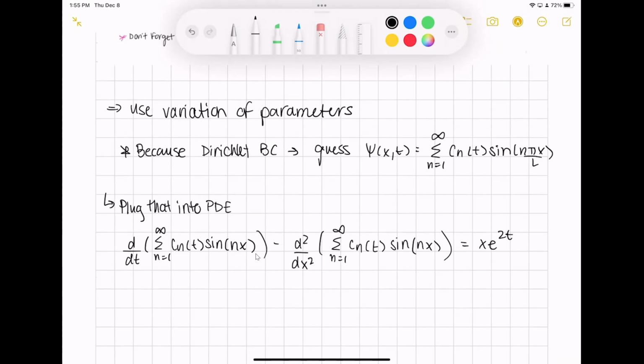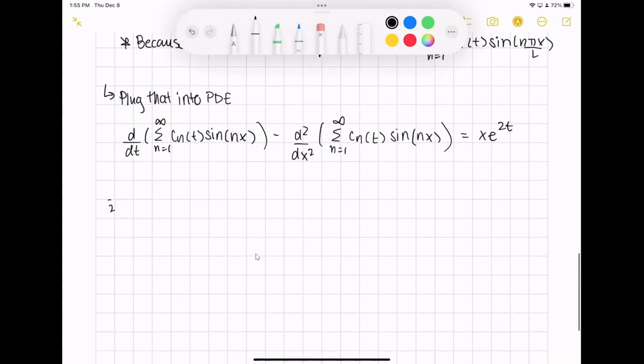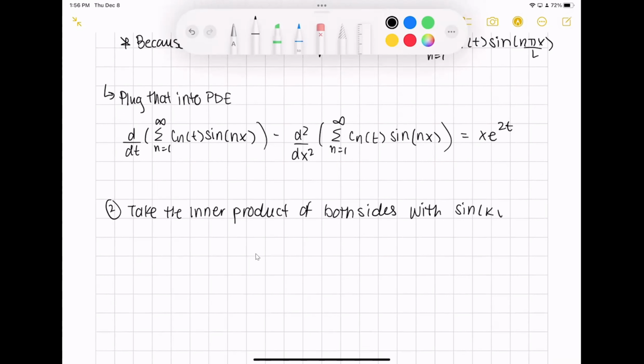Okay. So now the next step we want to do is we want to take the inner product of both sides with sine of kx to solve for Cn.